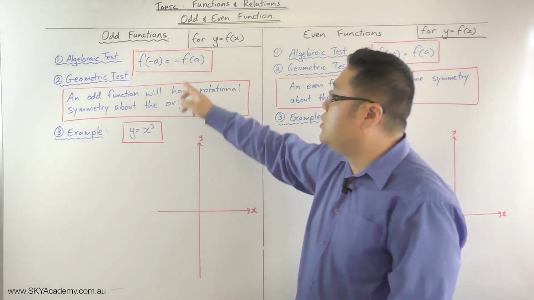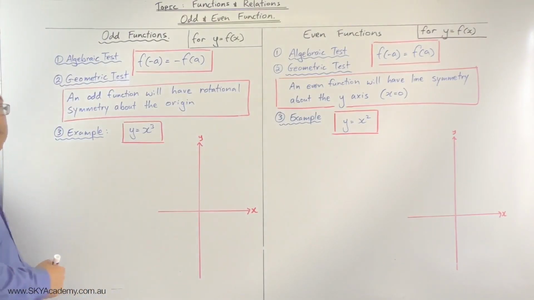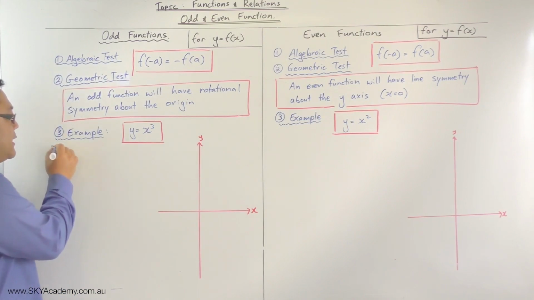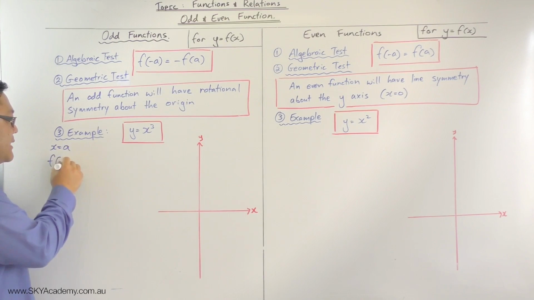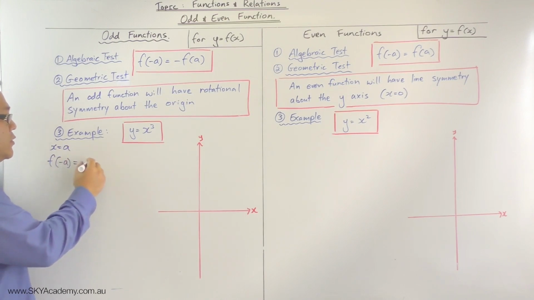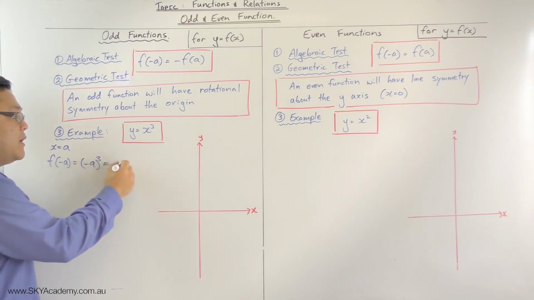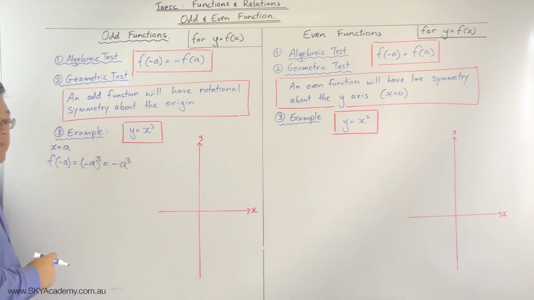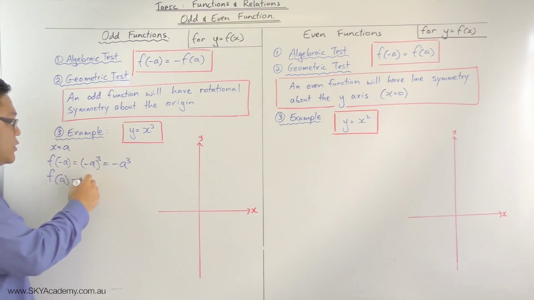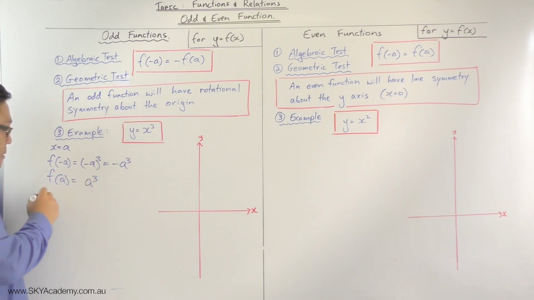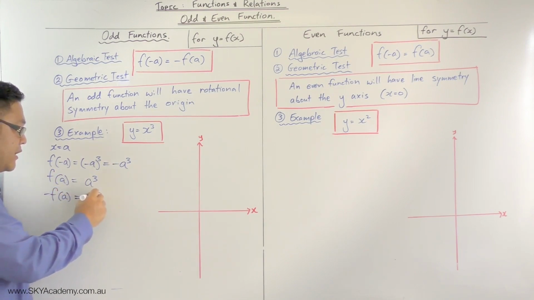Let me demonstrate by using the algebraic test. If x equals a, f of minus a would be equal to minus a to the power of 3, which ends up equaling minus a cubed. Now, f of a would be equal to a cubed, so minus f of a would be equal to minus a cubed.